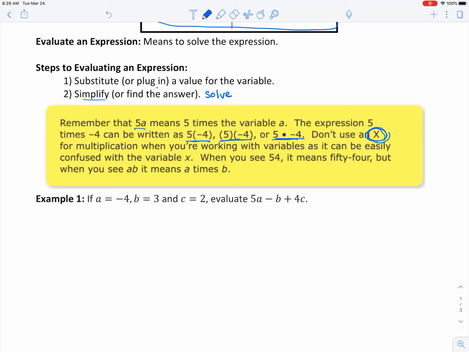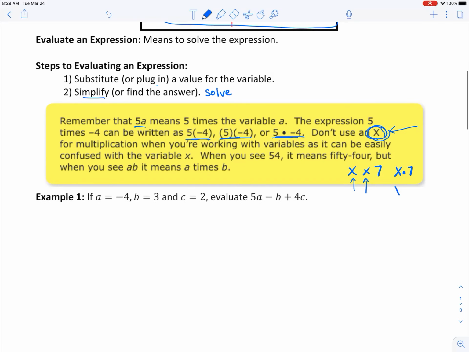We do not want to use that to represent multiplication because this also looks like the letter X. So it can get confusing if you had, for example, X times 7. Right now these both look like the same thing. A better way to write that would be X times 7, or you could do this. You could do this.